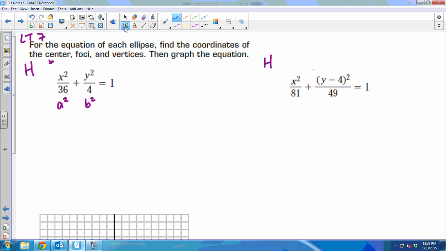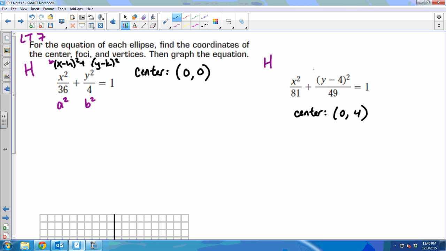Anyway, let's find the center first because that's easy. What is the center for the first example? 0, 0, right? Because you should have x minus h squared plus y minus k squared. So what's the center for the second example? 0, 4.